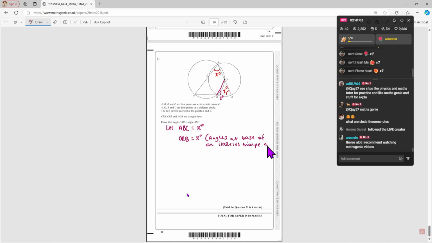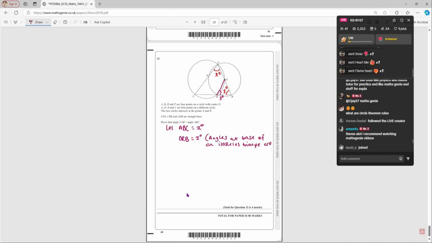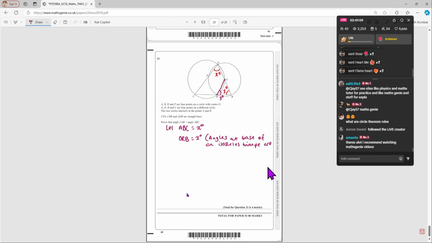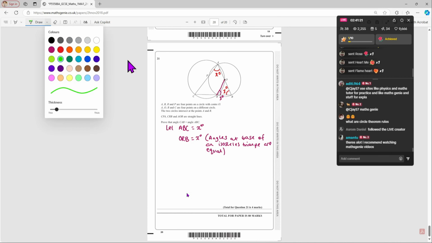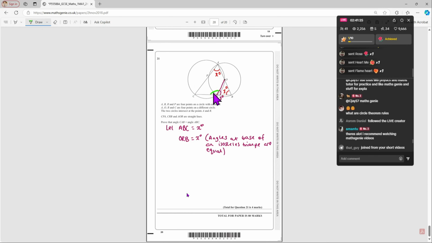So you will have to write down your circle theorems as well, because that's how you'll get your full marks. So remember, this is our last question, guys. And then once we have done that, now we are going to work out this angle over here. How can we work out that angle?